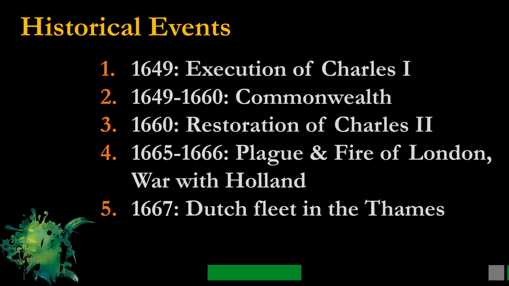And here you also see the second historical event, which is from 1649 to 1660, the Commonwealth of England, or Commonwealth period. Dear students, this period is very crucial, because in this period England came in the form of a republic which included Scotland, Ireland, and England.